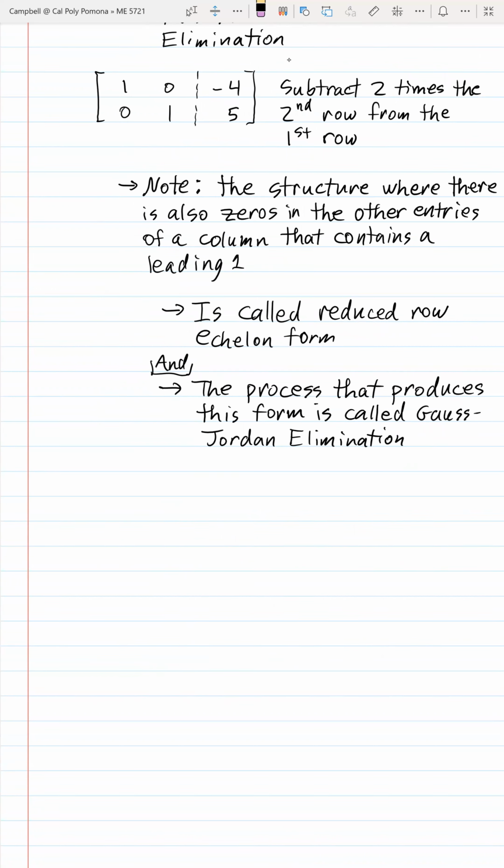So of course, as we know, the first column captures, of course, the x coefficients.